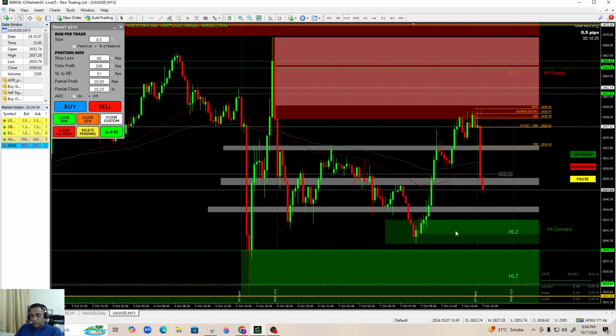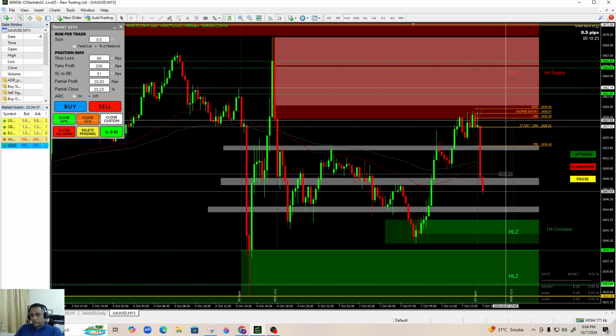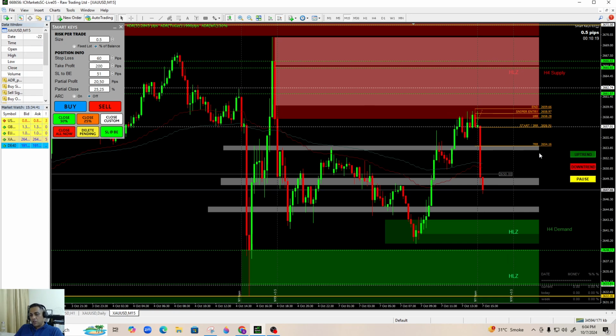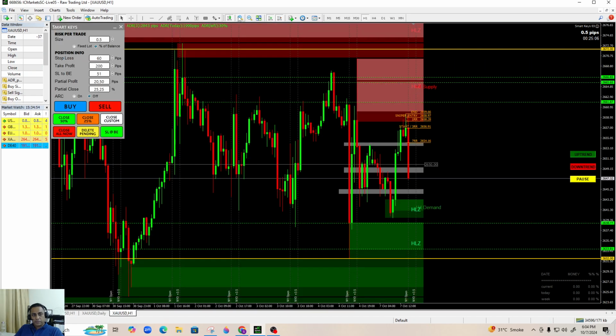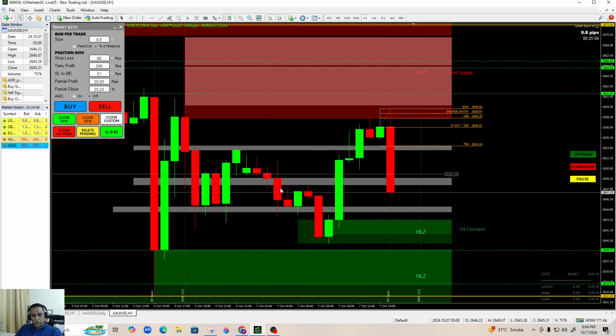Okay, but in between them, it's important to understand what price is doing. That's the purpose of these support resistance levels on the 15-minute. But if you look at the 30-minute, they are valid on the 30-minute. If you go up to the 1 hour, they're perfectly valid on the 1 hour as well, right?